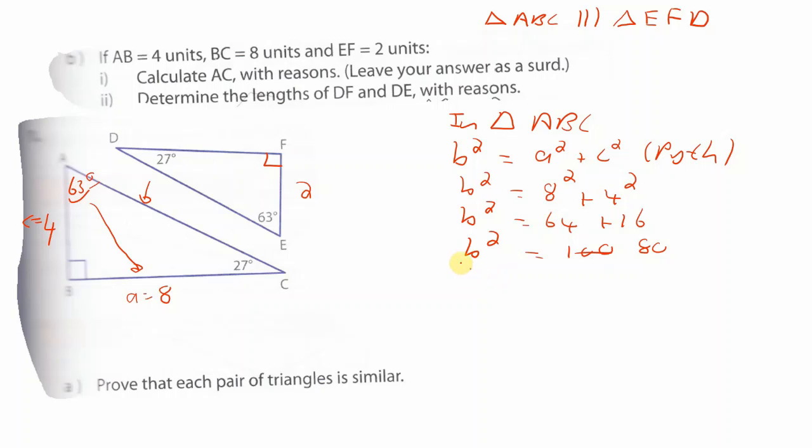So we can take the square root of both sides, so that we simply have b. Now we can rewrite 80 as 16 times 5, and we know the square root of 16 is 4, so it's 4 square root 5.